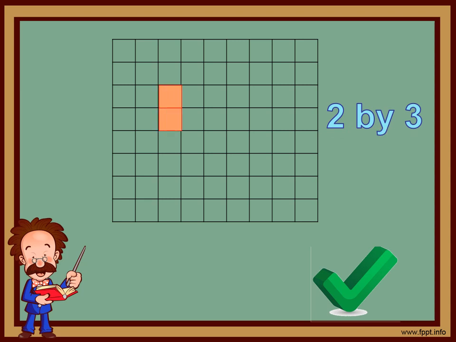We're going to shade 2 rows and 3 columns. Is it easy? It's so easy. Here we shaded 2 rows, but remember, we're not going to shade all the squares. We're going to shade till we have 2 rows and 3 columns. These are 3 columns.